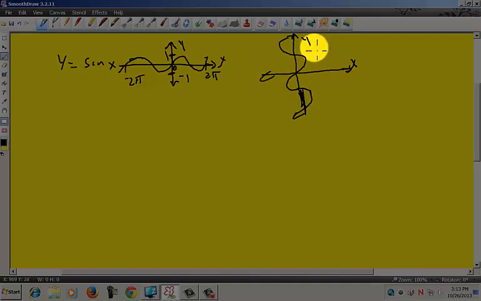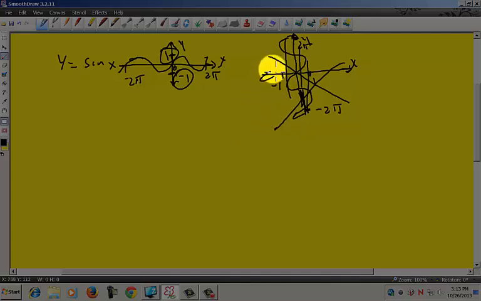We also know that x and y switch, so when you have 1 on the top and negative 1 on the bottom, this is going to be negative 1 to the left and 1 to the right, and now all the way over here is 2 pi, and on the bottom it's going to be negative 2 pi. But this is not a function because it fails the vertical line test. So we can't use this.